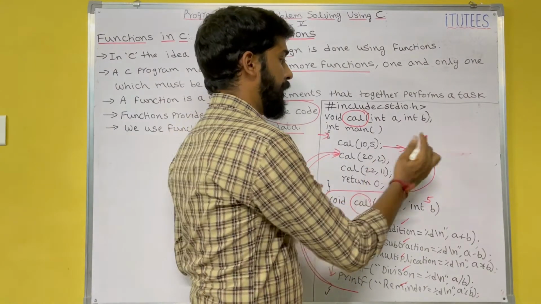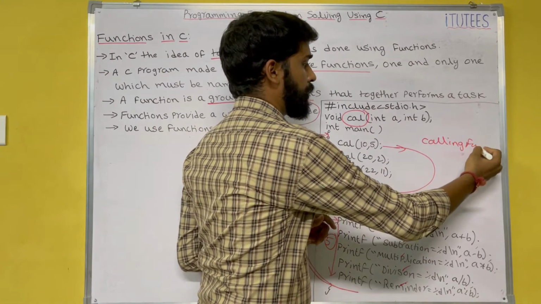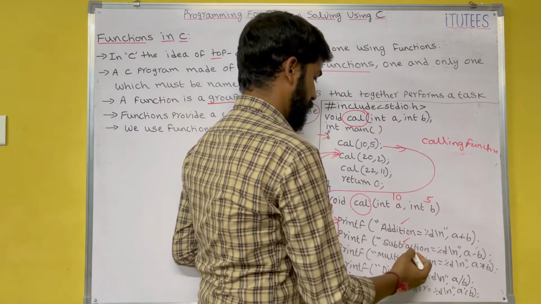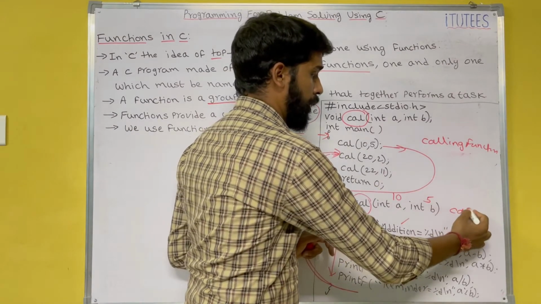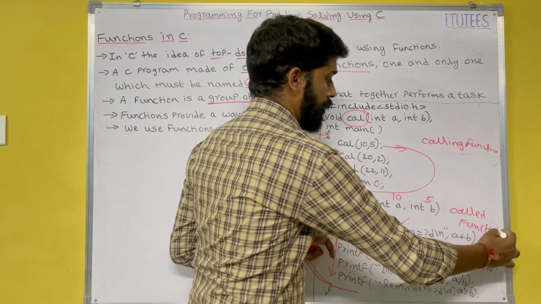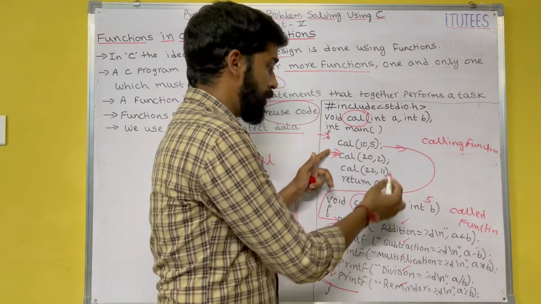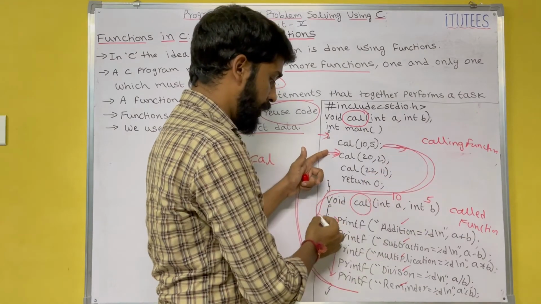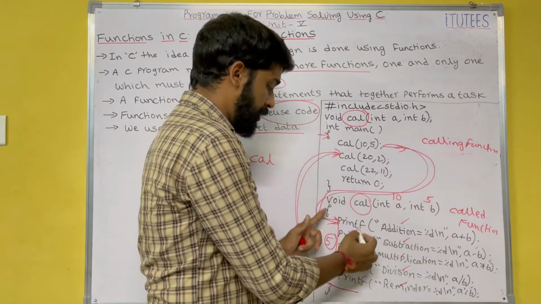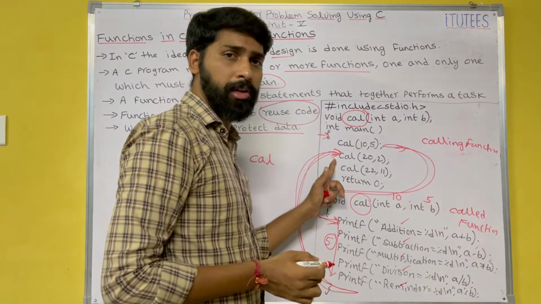In this, main is called the calling function, and this cal is called the called function. Now main called the cal function, and after completion of this instruction, the control goes to the next instruction in the calling function.